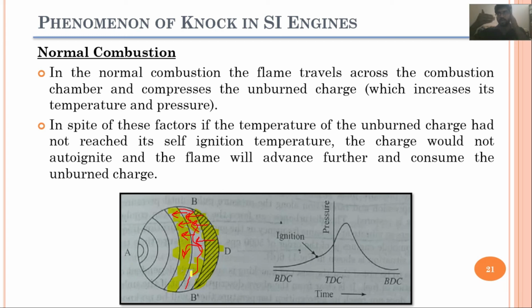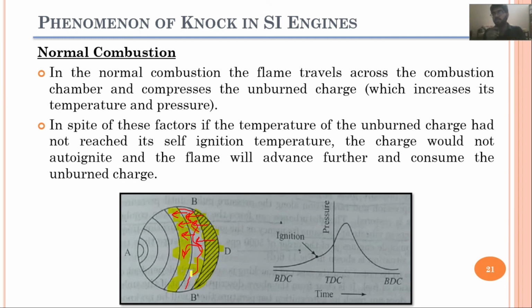In the second layer, the layer towards the end of the combustion chamber, the temperature has exceeded the self-ignition temperature, so another flame will be produced, and it will move against the main flame which has been produced by the spark plug.